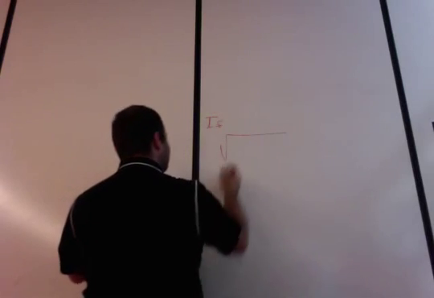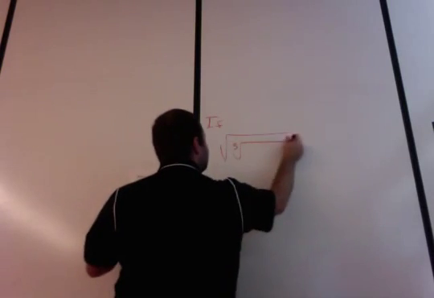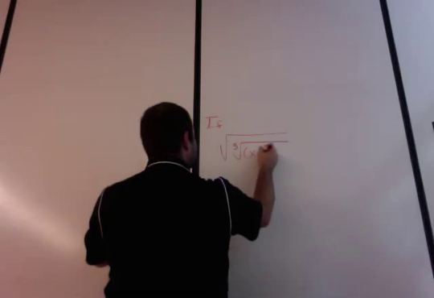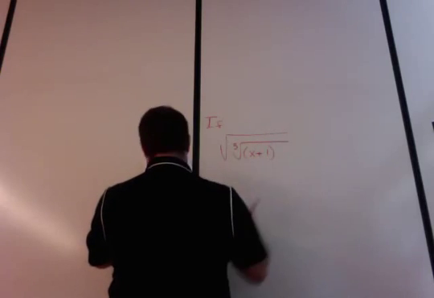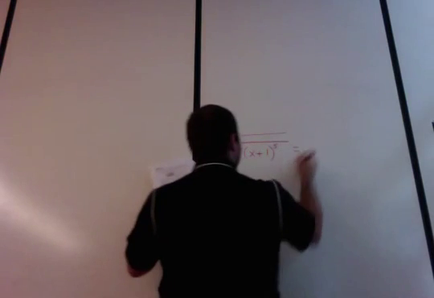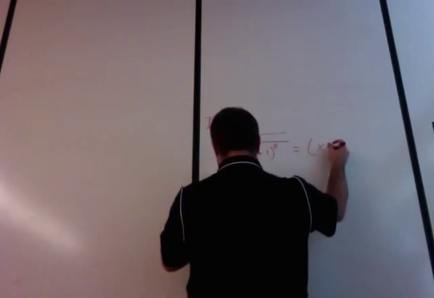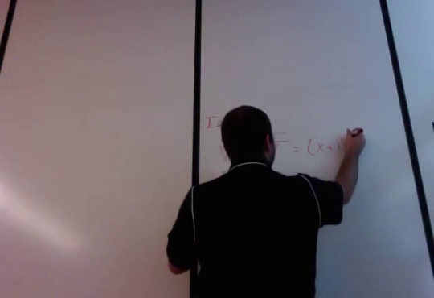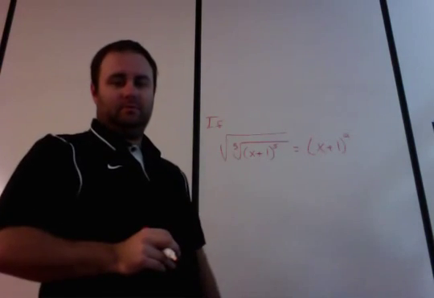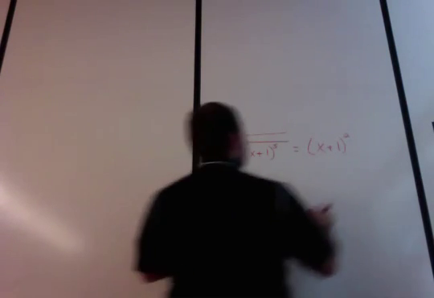The square root of the cube root of the quantity x plus 1 to the 5th power equals x plus 1 to the a power. So we're all just trying to find a.